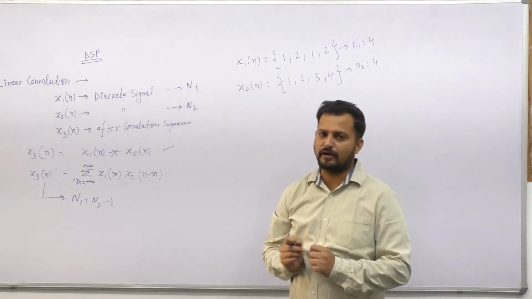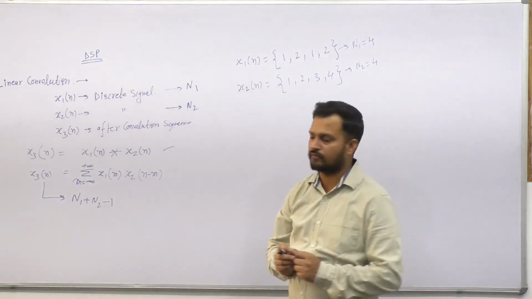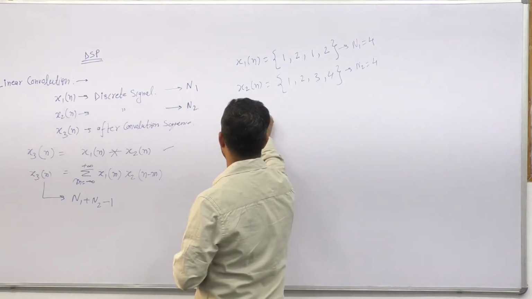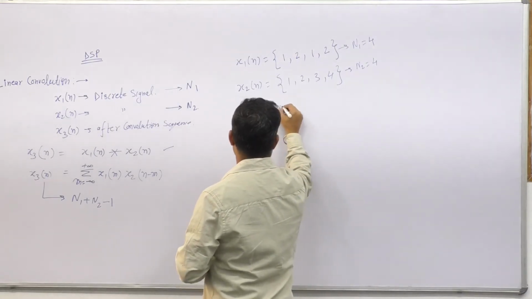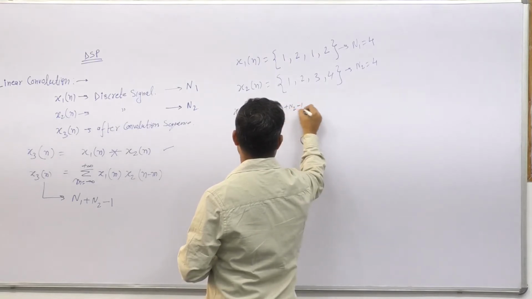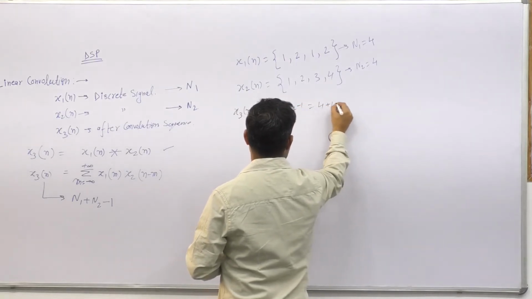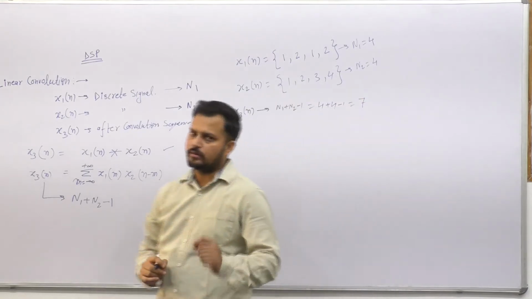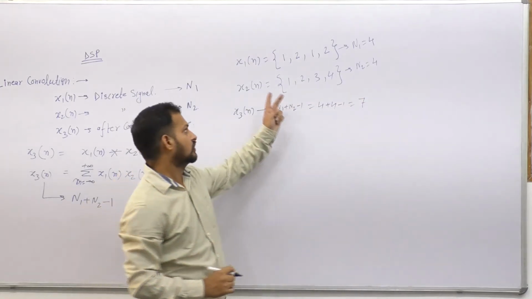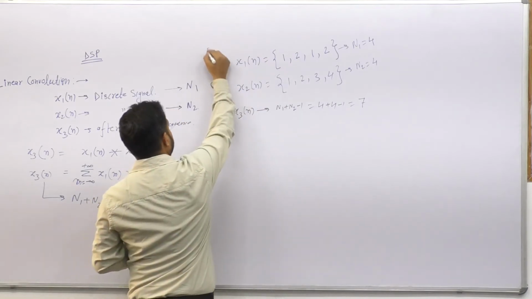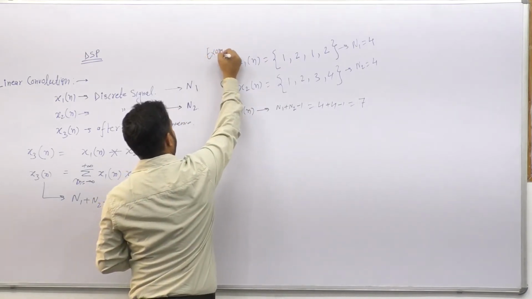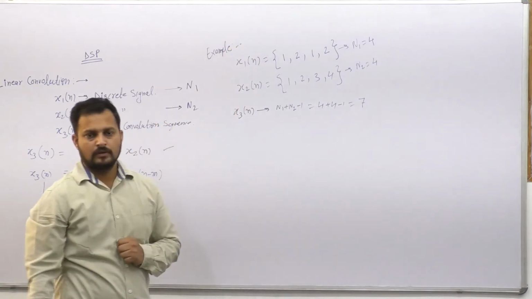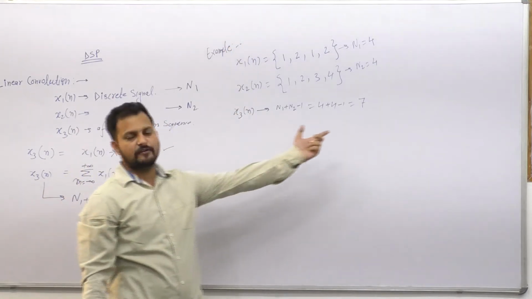What will be the final number of points in the linear convolution output? As per our definition, x3(n) has n1 plus n2 minus 1, which is 4 plus 4 minus 1, and this is 7. So what will be these 7 points?